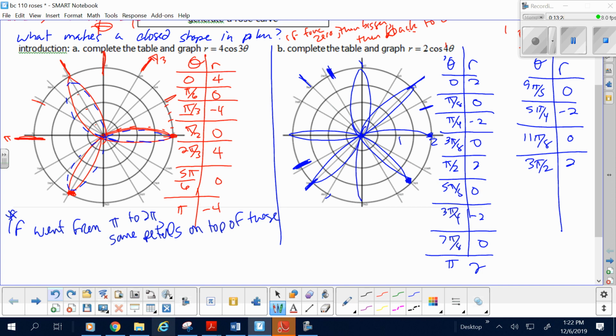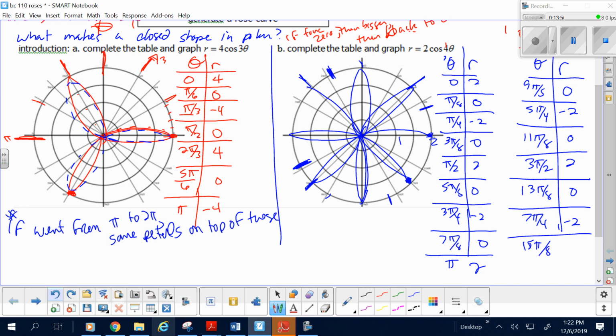Okay. What about 13 pi over 8? Back to 0. 14 pi over 8, or 7 pi over 4, negative 2, and 15 pi over 8.